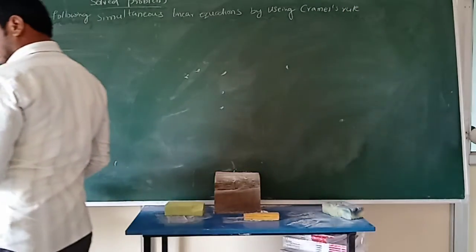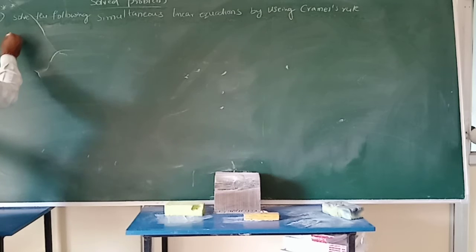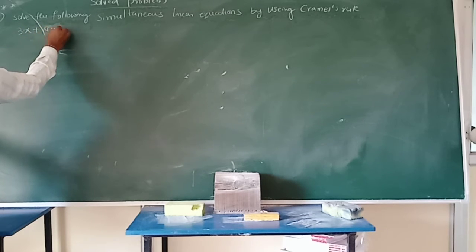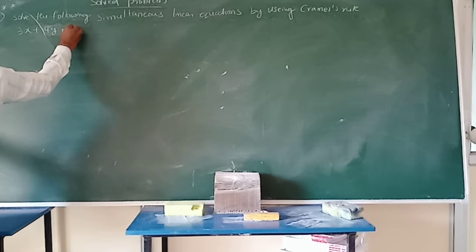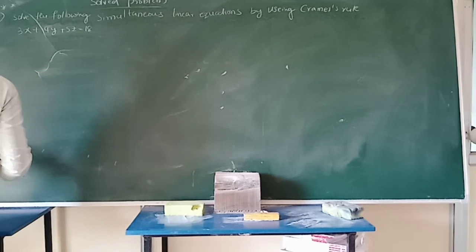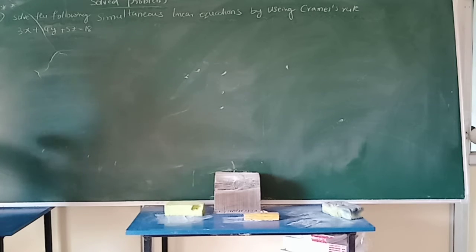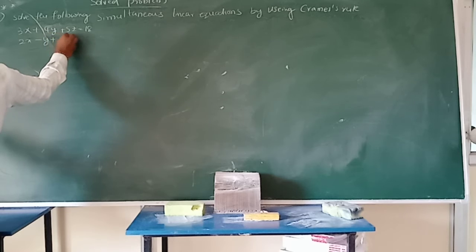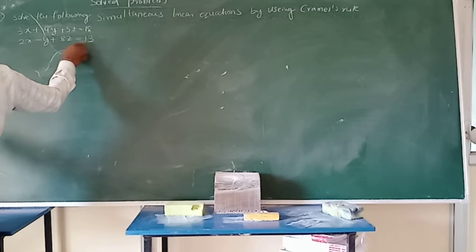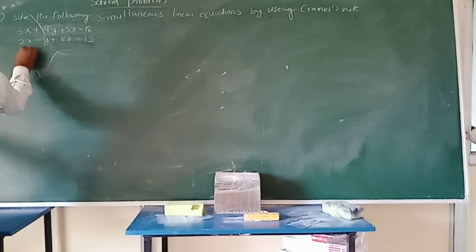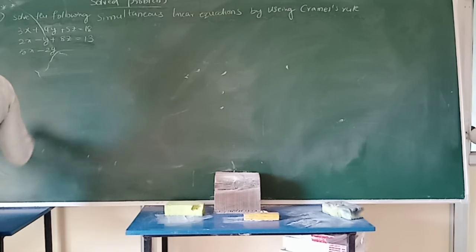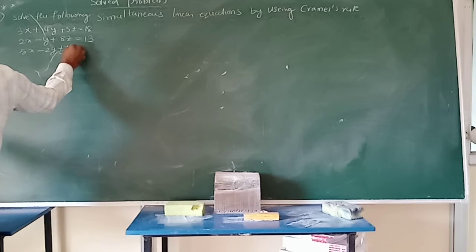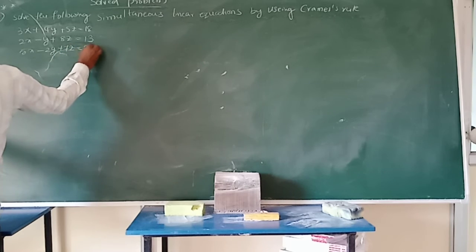That is, the equations are 3x plus 4y plus 5z is equal to 18. Next, 2x minus y plus 8z is equal to 13. Next, 5x minus 2y plus 7z is equal to 20.